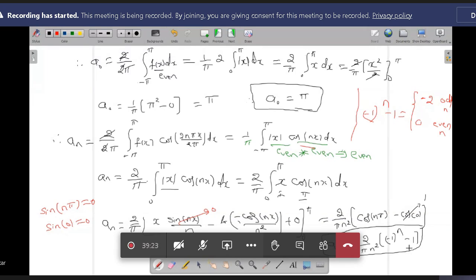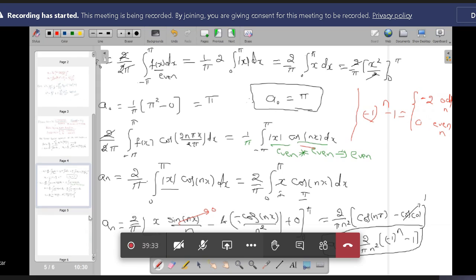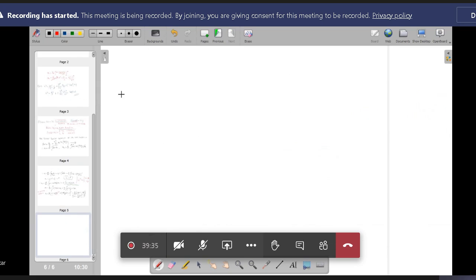Okay, so that we can also notice from this result. Next, what we require is the Fourier series expansion.